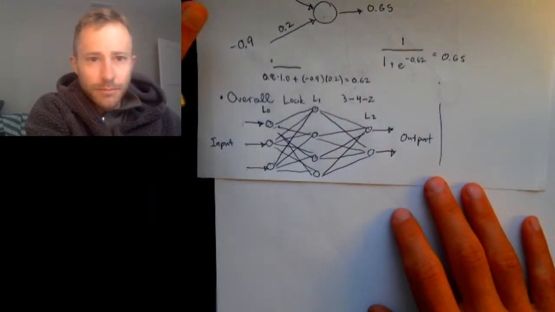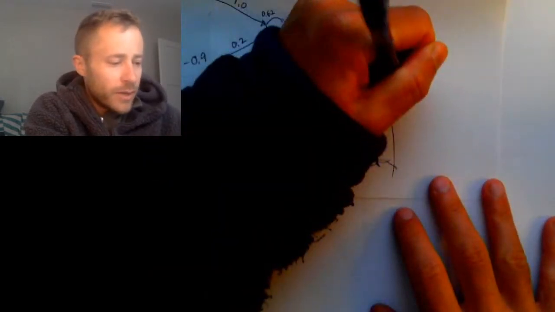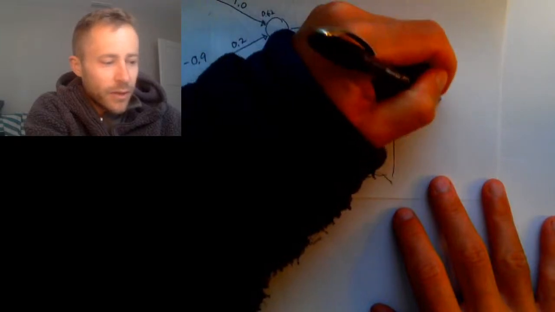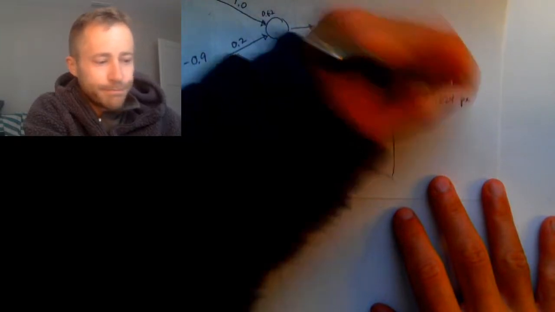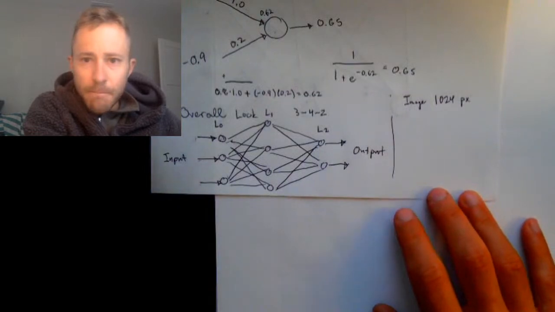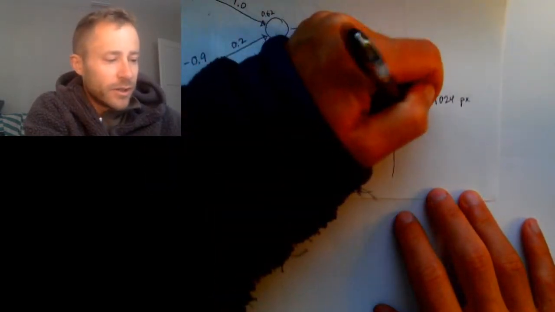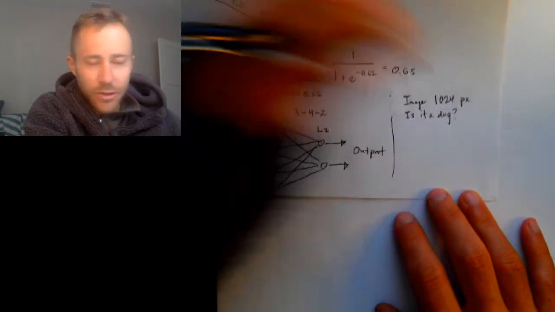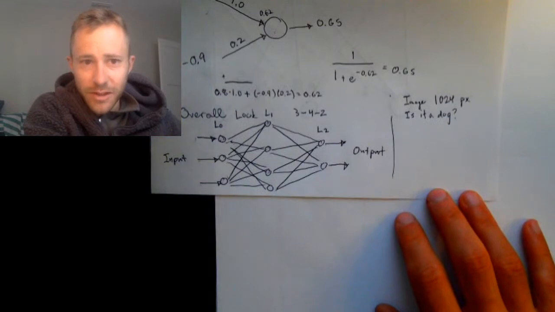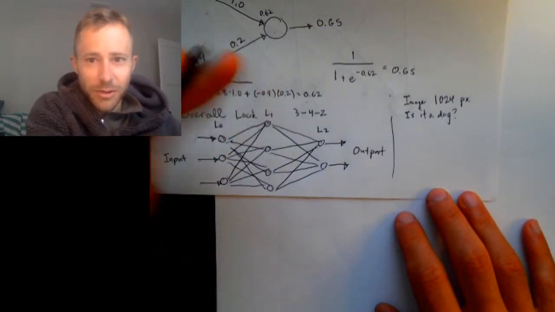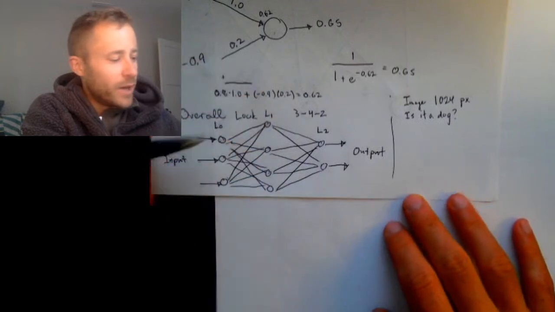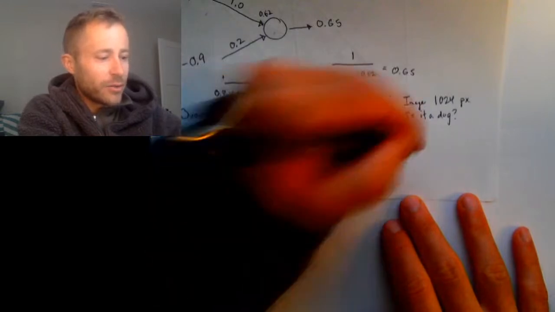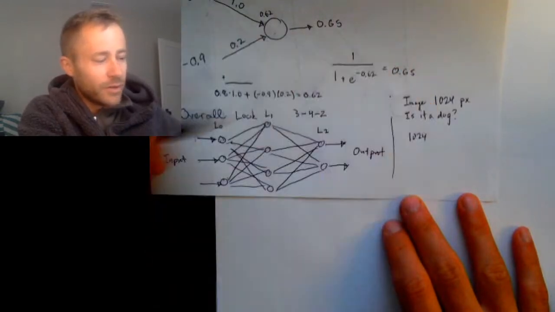And you want to know, is it the image of a dog? This is the kind of question that a neural network can actually answer. It's pretty cool. What you would have is in your layer 0, you would have 1024 neurons.